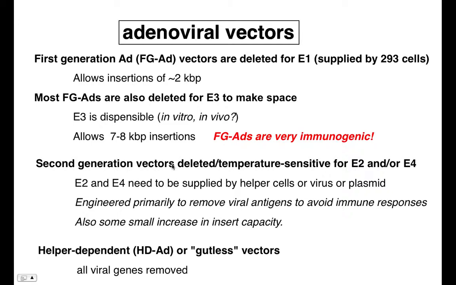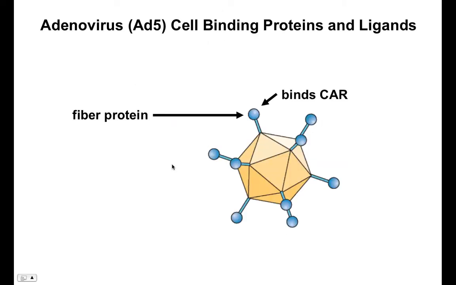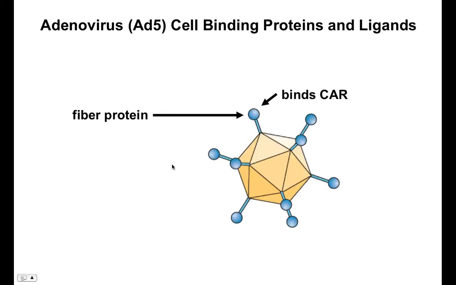These were all engineered primarily to avoid viral antigens from coming into contact with the immune response. There's also some small increase in insert capacity based on removing those. And then gutless means everything's removed. Cell binding, we talked about CAR on the protein. Back to issues about vector tropism.